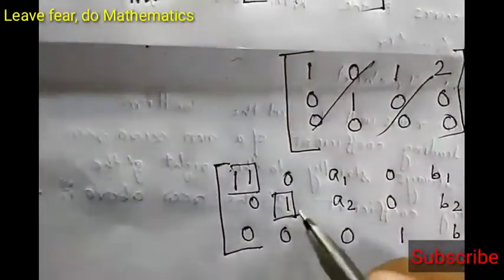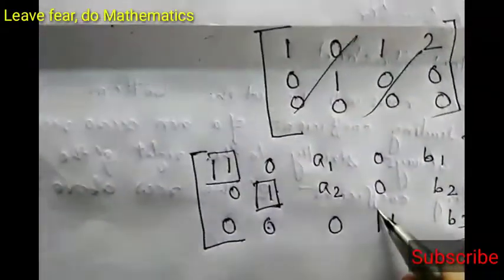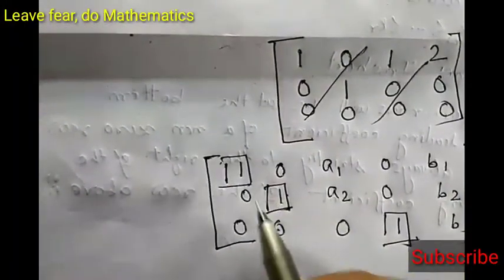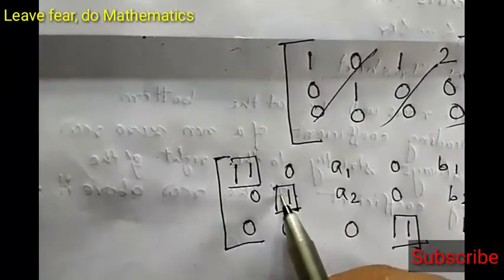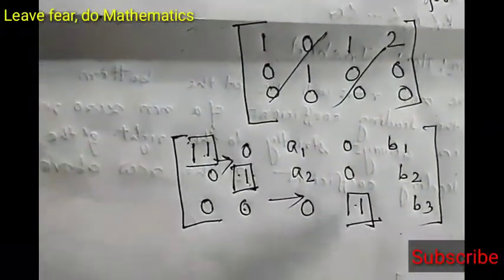This is a leading 1 and all entries other than this leading 1 are 0. And this is a leading 1, all entries other than this are 0. And this is row echelon form because every leading 1 is at the right side of the previous one. Look, this leading 1 is at the right side of this, which is at the right side of this. So this is in row echelon form, obviously, and also in reduced row echelon form. And this is the general form.